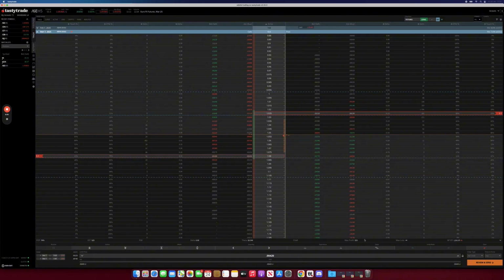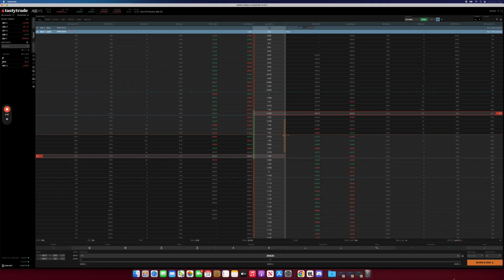So $525 is what we would collect in premium upfront on this position as soon as it gets filled. And our broker is going to require just over 1.25k in buying power to open this position. So we are already looking at a high probability of success and a high return on capital. And remember, this is not per year, this is within the next 42 days.